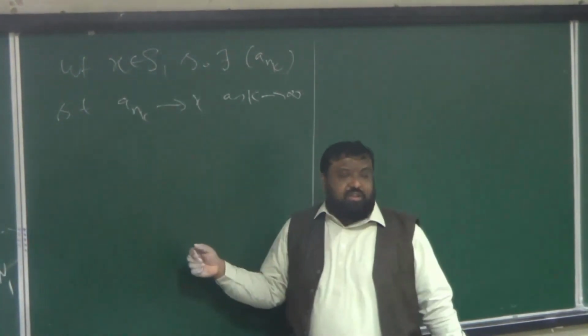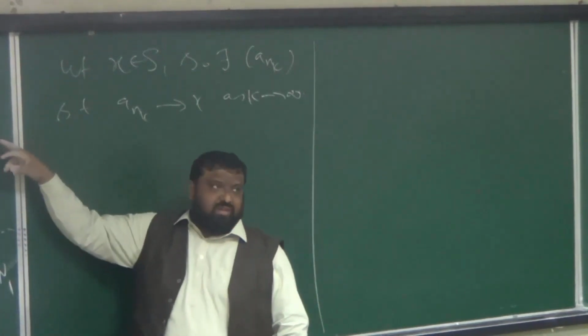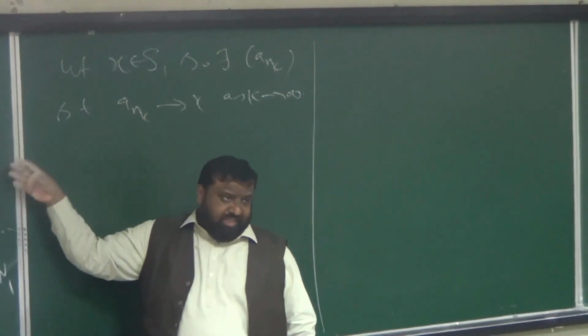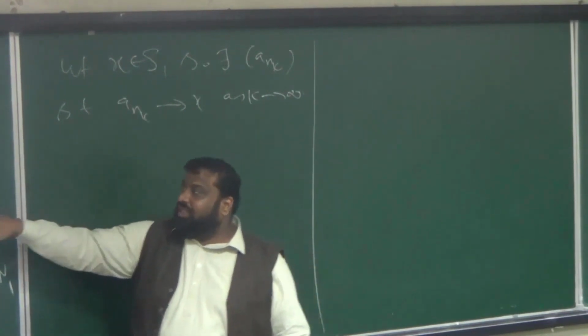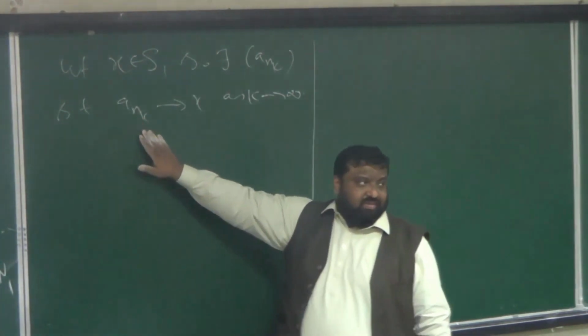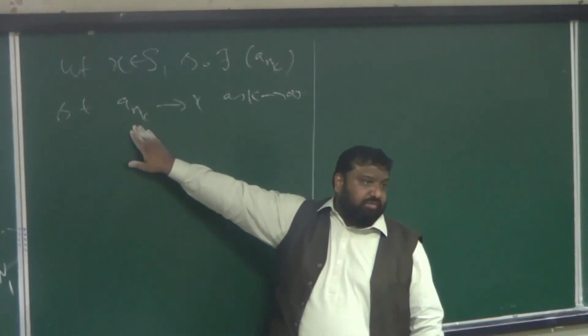If you make this k sufficiently large, maybe this will not be n1, maybe something else. But if you make this k sufficiently large, this inequality is also going to be true for almost all terms of this sequence after some time.